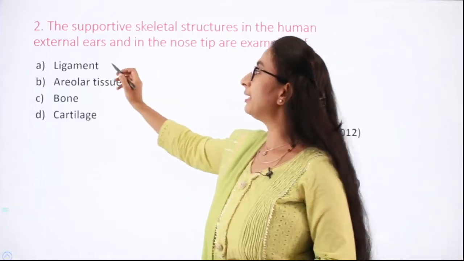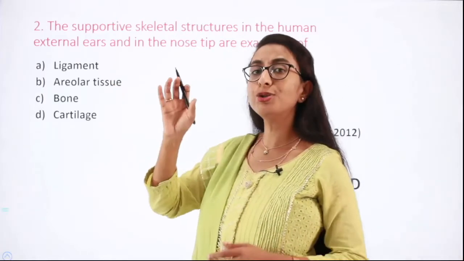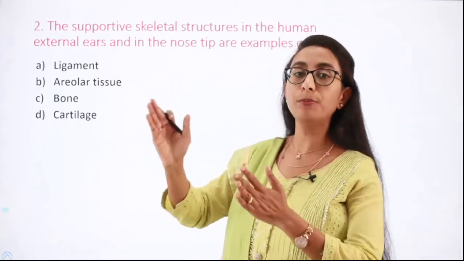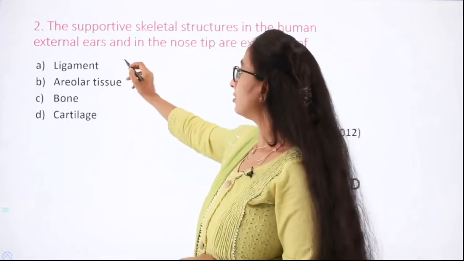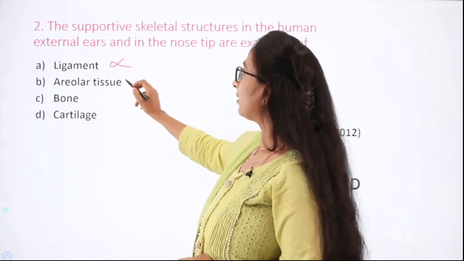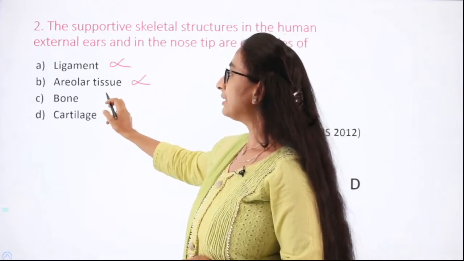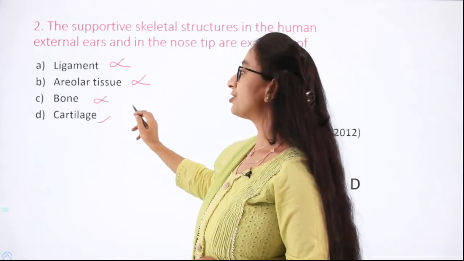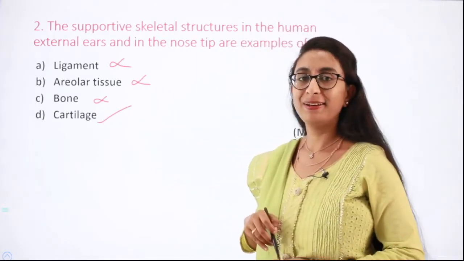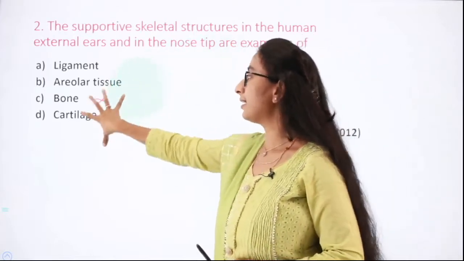What is a ligament? Ligament is a connective tissue which connects a bone with a bone. Okay, so ligament is a wrong answer. Areolar is a loose connective tissue. That is also a wrong answer. Bone is not an answer. Cartilage is the right answer. Okay, so D is the right answer option.